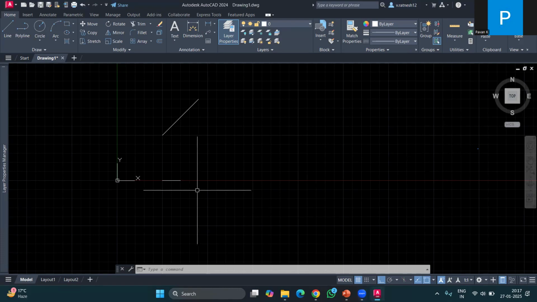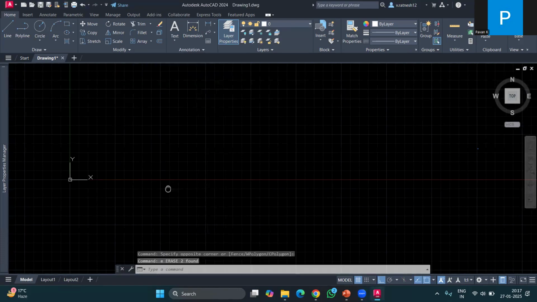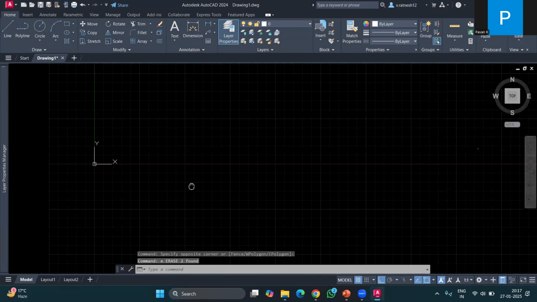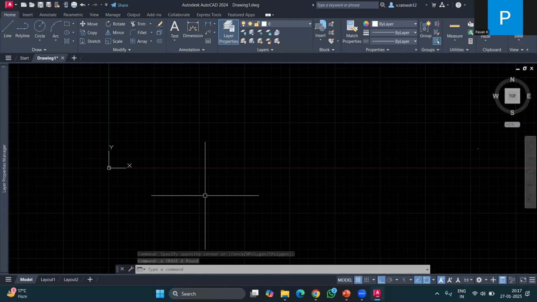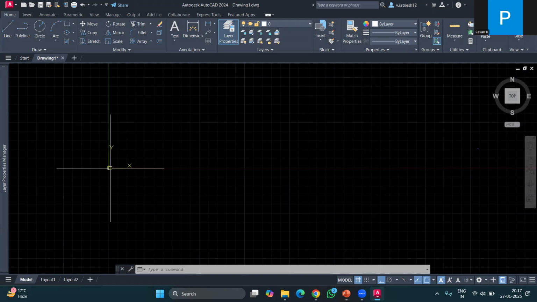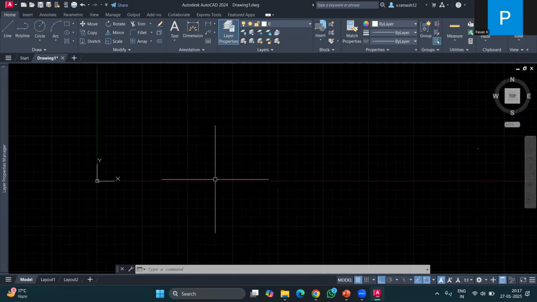So we are going to learn relative rectangular coordinates now. This one was the absolute; now we are going to relative rectangular.